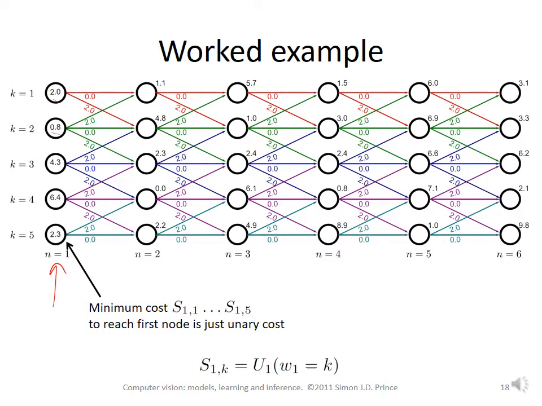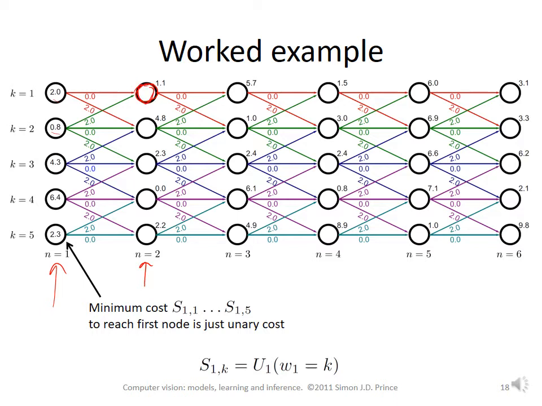So we're going to go to W2, and for any one of these nodes, for the first one, for example, for k equals 1, we're going to look at the possible ways of getting here from W1. In other words, conditioned on W1, what are the costs that we would incur? What's the minimum cost that we would incur to reach this version of W2?